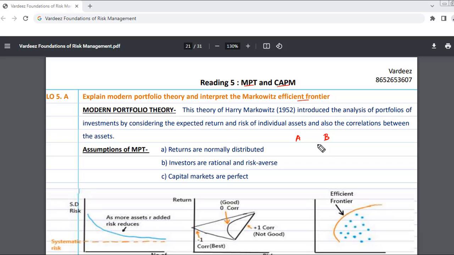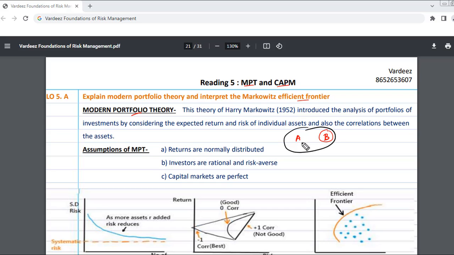Now what I'll do is that if I like this company B, I'll simply buy this and include this in my portfolio. But what the modern portfolio theory says is that rather than just simply adding this stock into my portfolio because probably I like it, I should think about the overall portfolio and the effect of adding this individual asset into the overall portfolio.